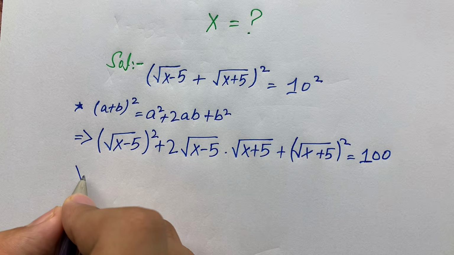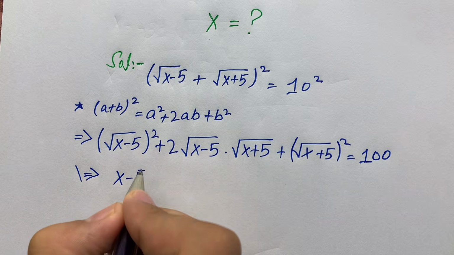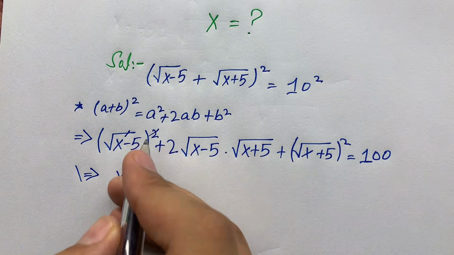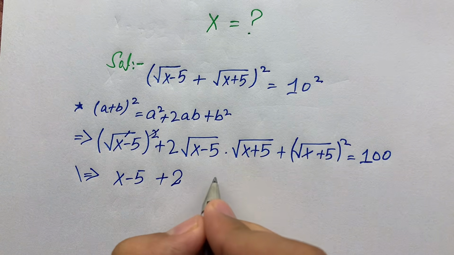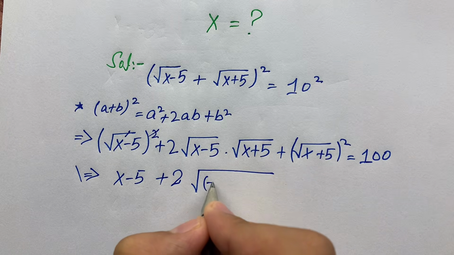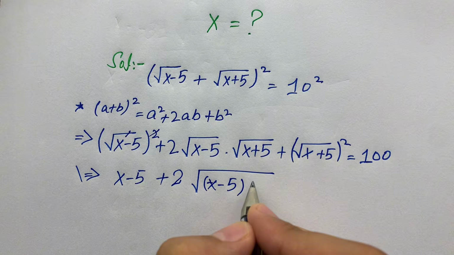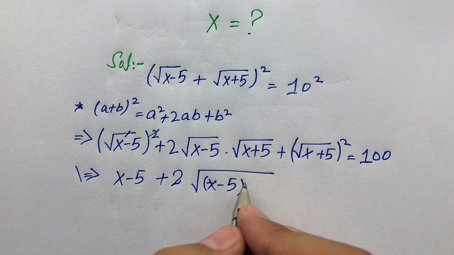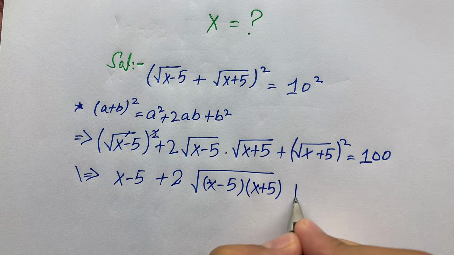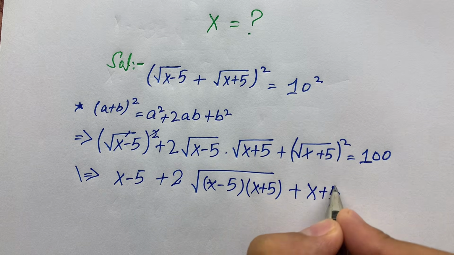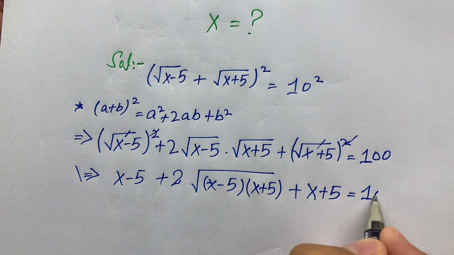Now this will be x − 5, because the square cancels the root, plus 2√((x−5)(x+5)), plus x + 5, because the square cancels the root, equals 100.